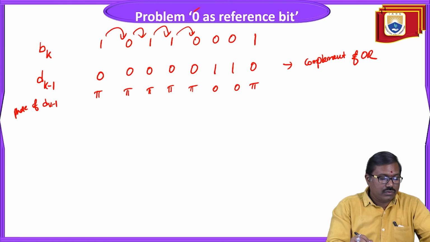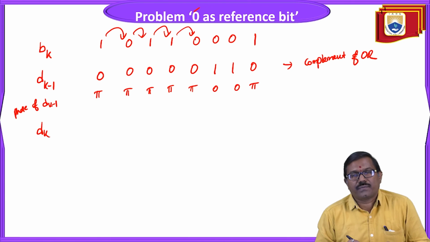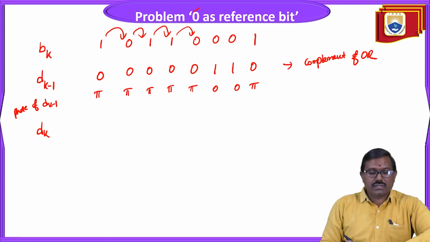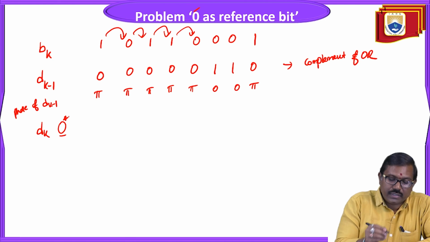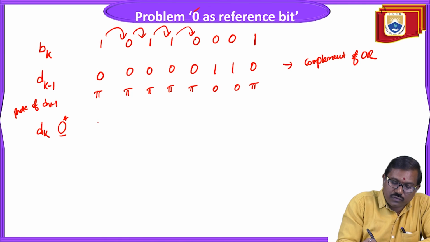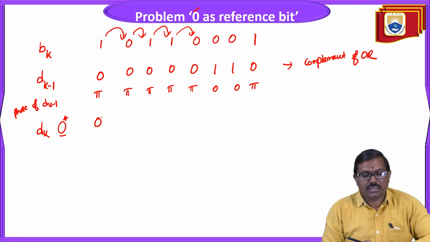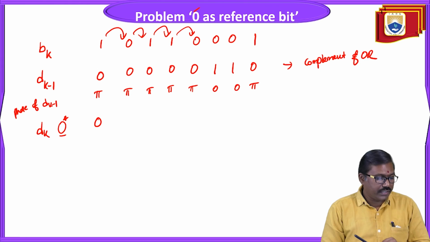Okay. Then we go for the encoded sequence, that is the differentially encoded sequence DK, but here with 0 as the reference bit. So for the first bit, 0 is taken. Now what is the logical operation?